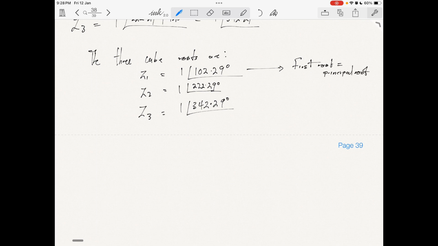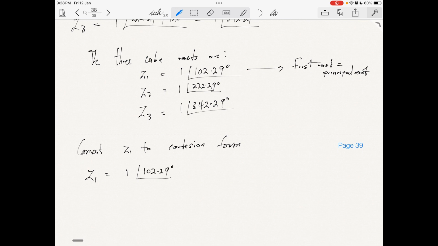Now we will convert z1 to Cartesian form. So z1 is equal to 1 argument 102.29 degrees.